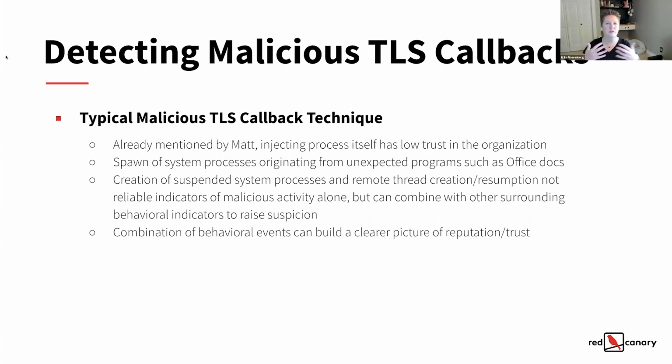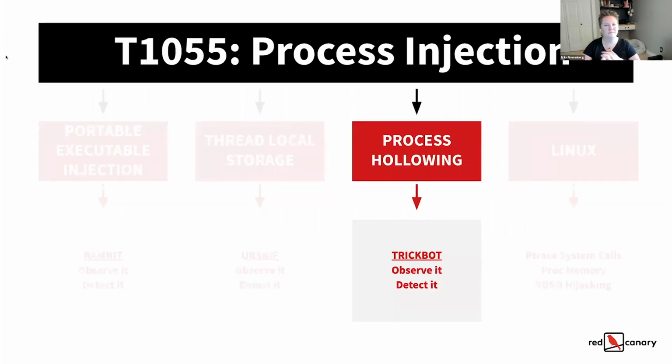You have to look at a combination of the behavioral events surrounding the initial process creation and have an understanding of what expected or anomalous behavior for a given process would look like. David's going to discuss more detection and mitigation strategies as well. So I'll pass it over to him to discuss the other injection technique for Windows.